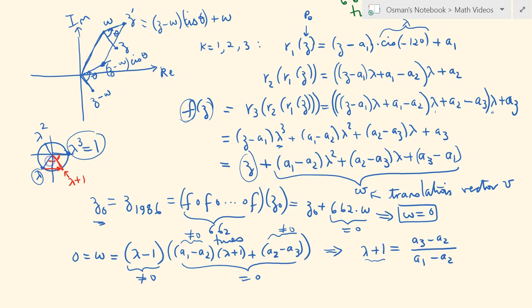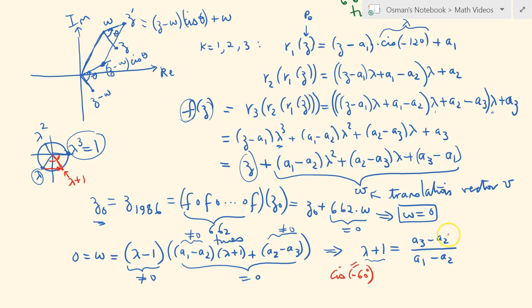And this one is also 60 degrees, by the way. But therefore, lambda plus 1 is nothing but CIS minus 60 degrees, right? So do you all agree on this? So this is equal to CIS minus 60 degrees. But how about the right hand side?